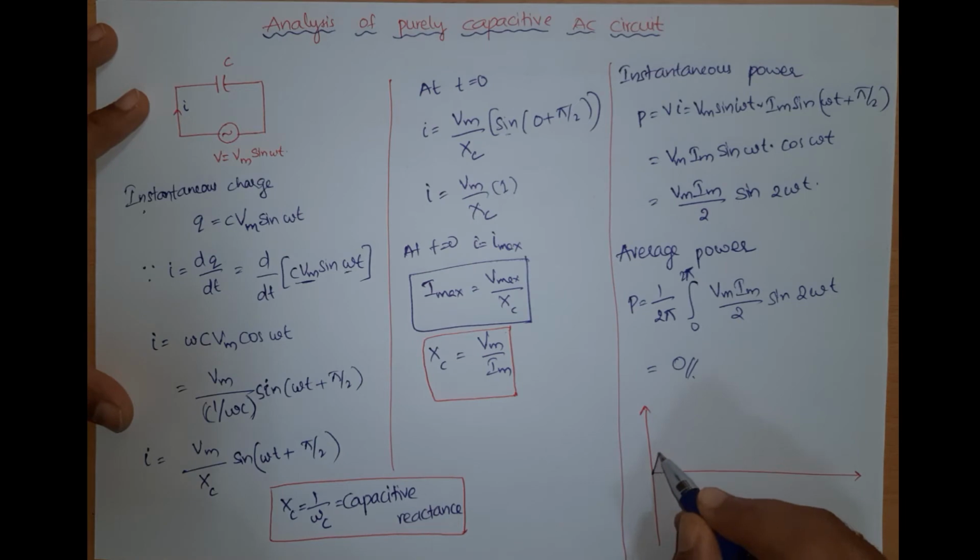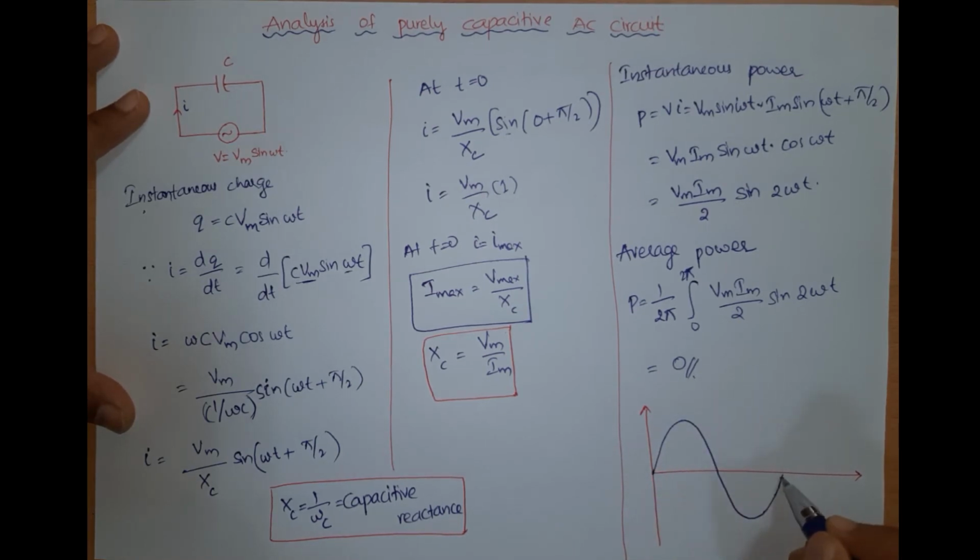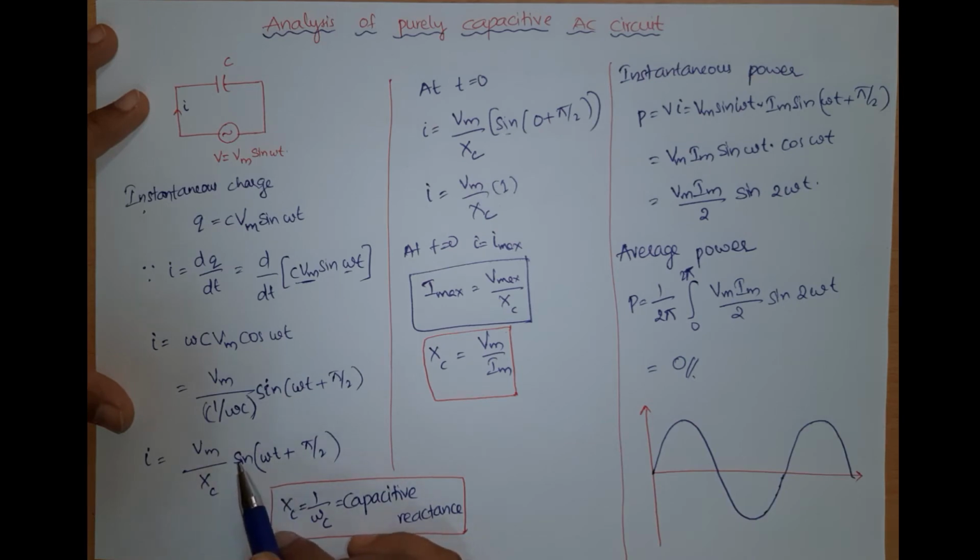Right, so let me take the voltage. Next, coming to the current, what happened? It is Vm by Xc, that means the magnitude is reduced by some value Xc, and it is sin(omega t plus pi by 2), right?